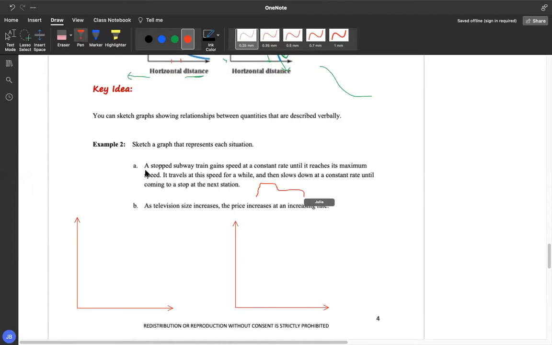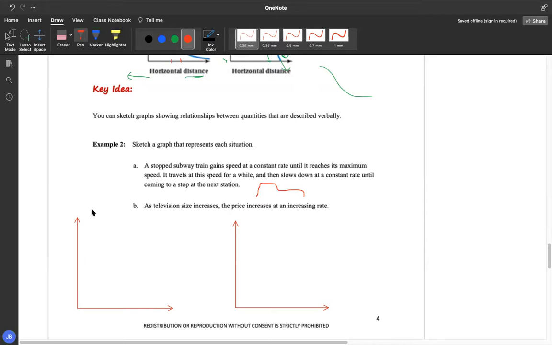Julia is going to do this. It says a subway train gains speed at a constant rate until it reaches its maximum speed. It travels at this speed for a while, then slows down at a constant rate until coming to a stop at the next station.